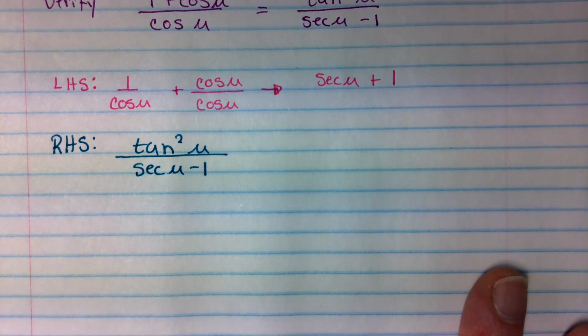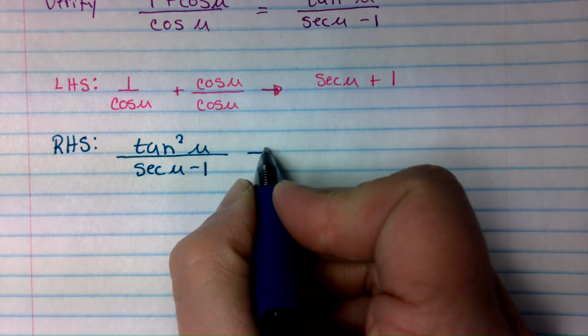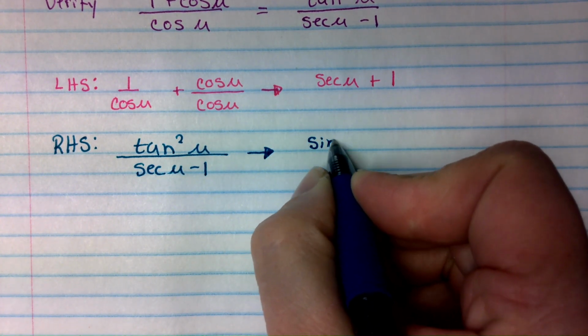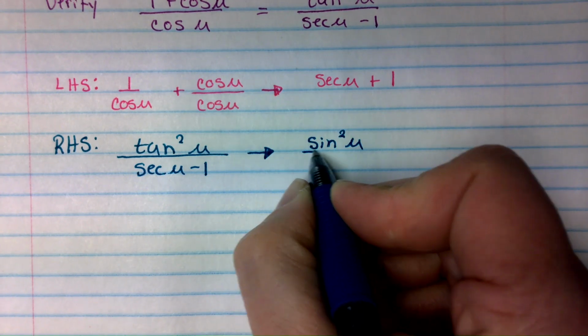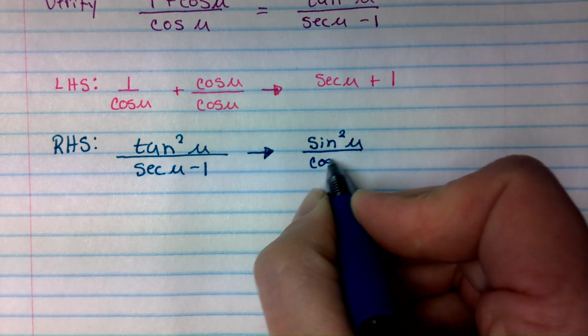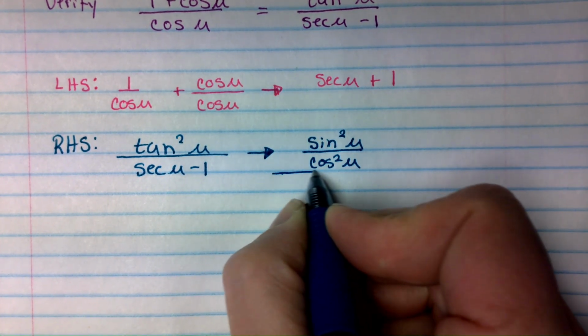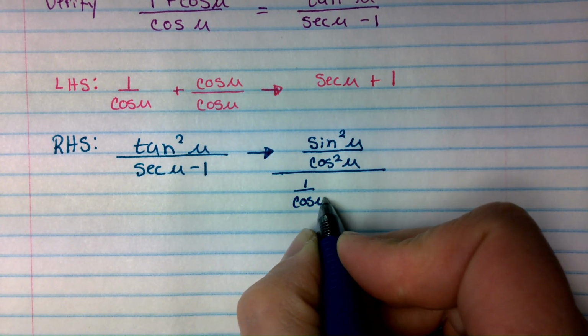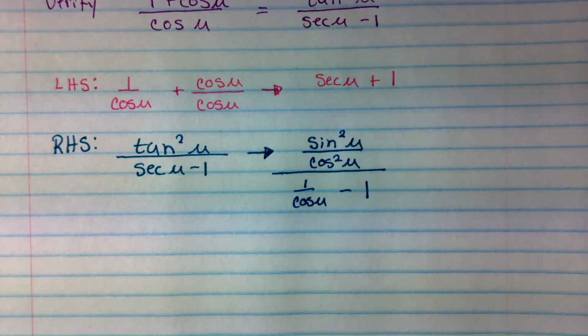Okay, well, again, as always, I'm going to go ahead and turn it into terms of sine and cosine. So we have sine squared over cosine squared over 1 over cosine minus 1.